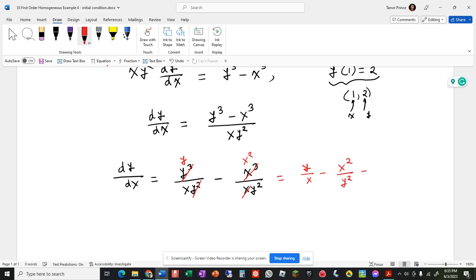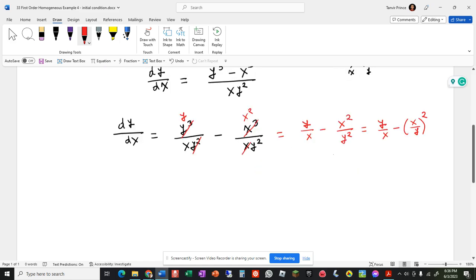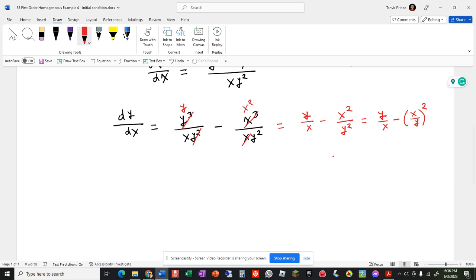But of course, x squared over y squared, I can write as (x over y) squared. And remember, x over y is actually 1 over y over x, because when you flip it, you get the same thing. It's like any fraction, 2 over 3 is 1 over 3 over 2, correct?